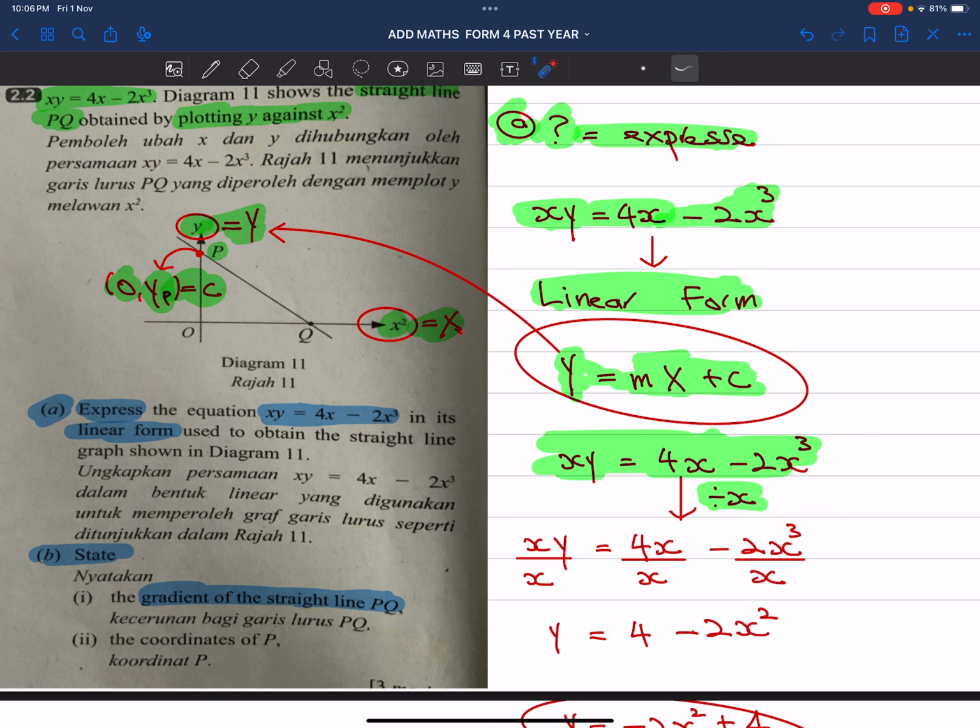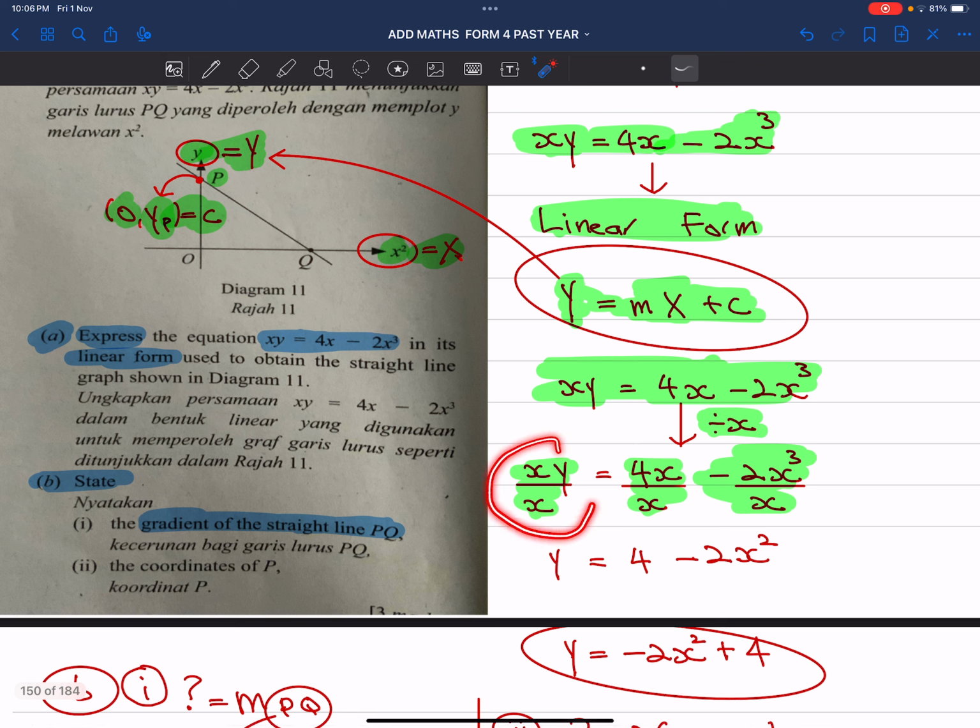So xy, I divide by x, and 4x, I divide by x, and finally 2x cubed, I divide by x. So xy divided by x, I get y. 4x divided by x, we can cancel the x, we get 4. Minus 2x cubed divided by x, I'm going to get minus 2x squared.